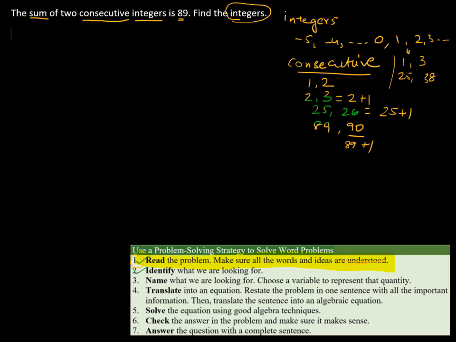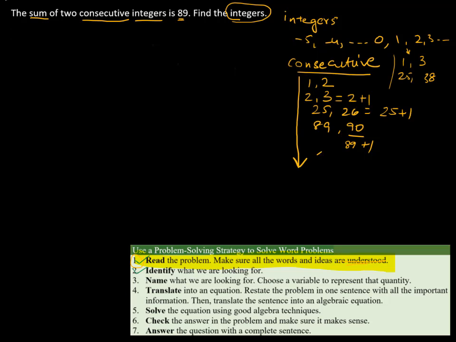Now let's name what we are looking for. Choose a variable to represent the quantity. So the third step is to name the variable, right? What we are looking for. Let's go back to the list we created of consecutive numbers: 1, 2; 2, 3; 25, 26; 89, 90. If we follow this pattern, what do we understand from it?